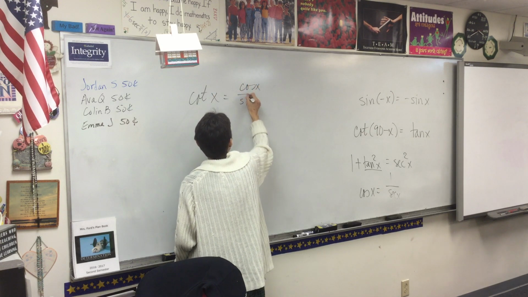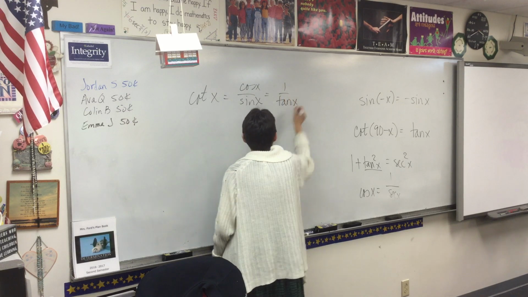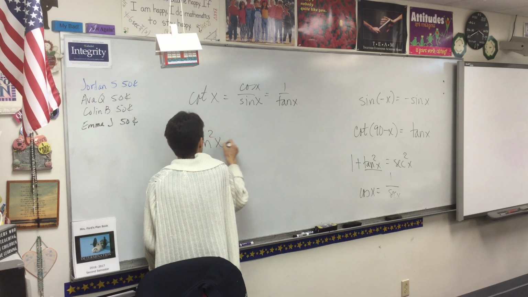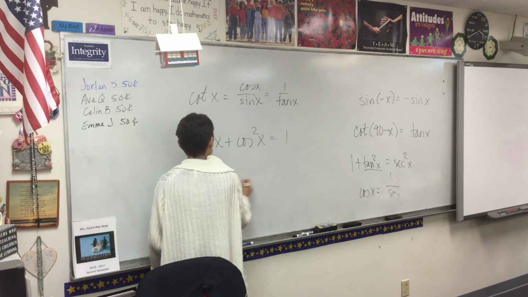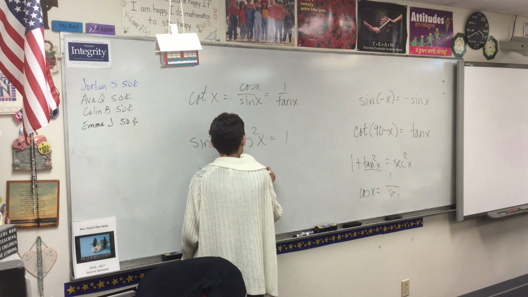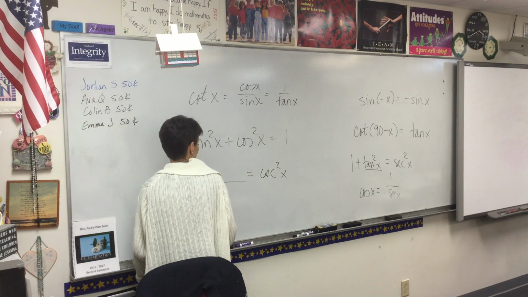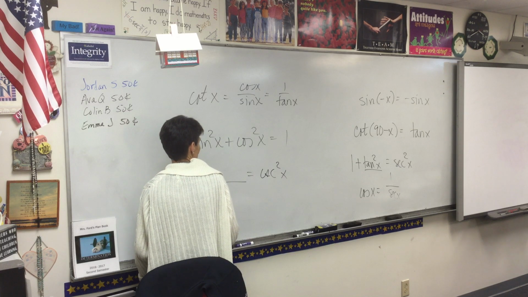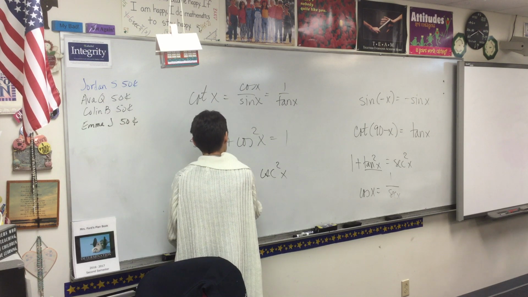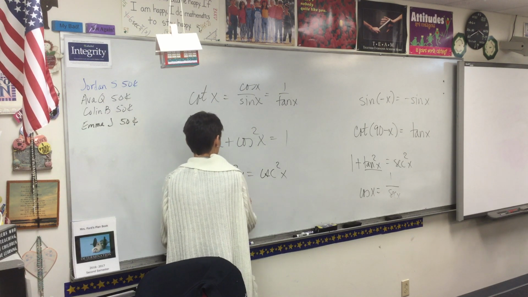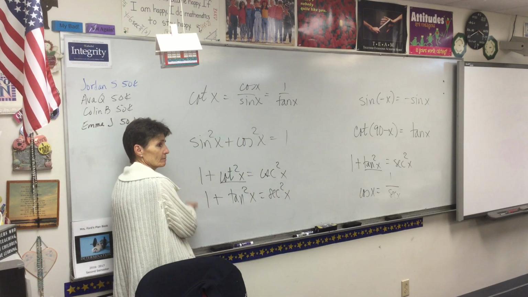Cosine over sine, or 1 over tangent. Good. Sine squared plus cosine squared is 1. 1 plus what is cosecant squared? Cotangent squared. Oh my goodness. Guys, these two are very, very similar. These two are very similar.